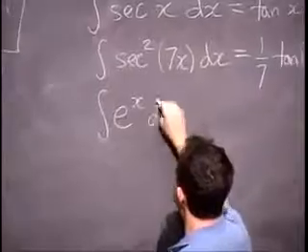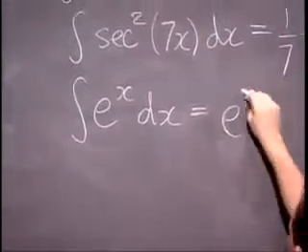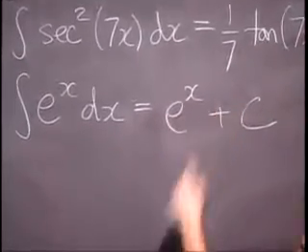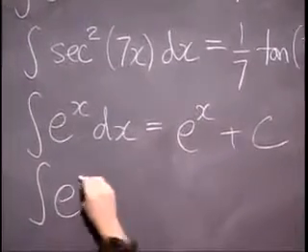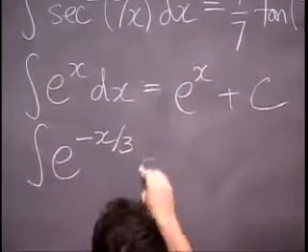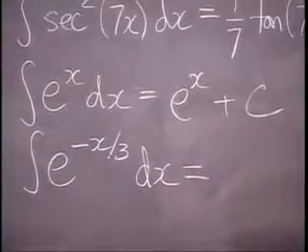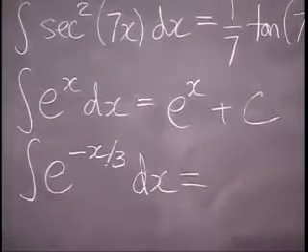What would the integral of e to the x be? Well, it's just e to the x. After all, the derivative of e to the x is e to the x, so of course the antiderivative of e to the x is e to the x plus a constant. So what if I replace x by minus x over 3? Well, you can think of this as multiplying x by minus 1/3. I've replaced x by x times minus 1/3.